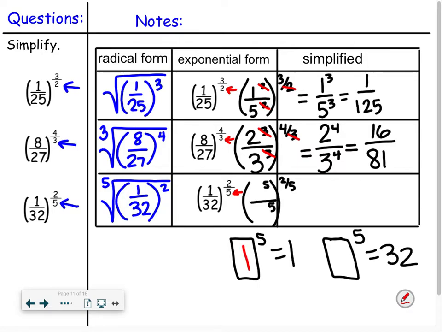It doesn't matter how many 1's you multiply together, it still equals 1. And 32 is 2 to the 5th. So these are 1 and 2. Cancel all of those 5's, and I've got 1 to the 2nd power over 2 to the 2nd power, so 1/4. So that's how you simplify from exponential form when you've got a rational exponent.